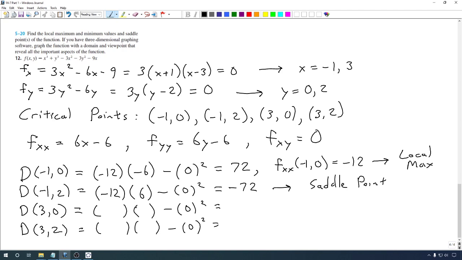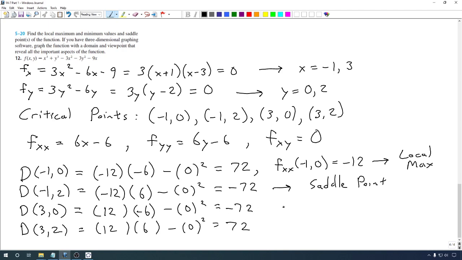So still a -6 and a 6. And then since f sub xx doesn't depend on y, we're going to have the same result for both these 3's. But if we plug 3 in here, we get a 12 for those values. So this first one actually gives us -72, and the second one gives us 72.